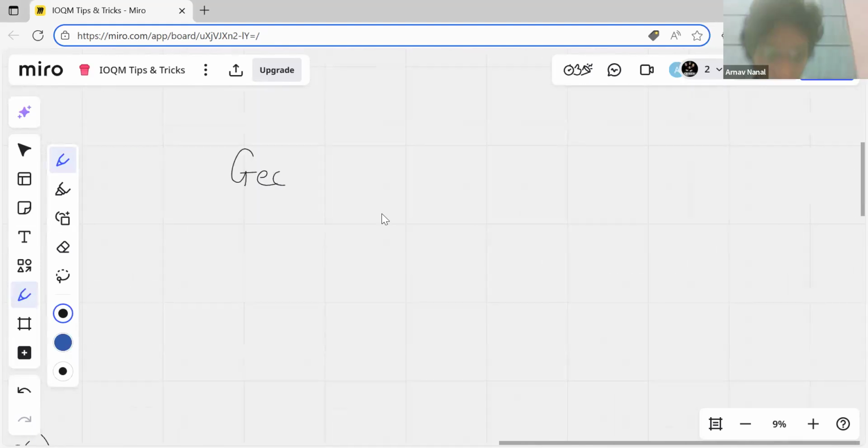So IOQM Geo is almost always computational. You don't need the elegance or things you do in normal Geo, like inversion, projective, and stuff. You don't really require that in IOQM. You just need to memorize all the computational theorems that you know, like Stewart's theorem, Pythagoras, Ptolemy's theorem, then the in-center, excenter configuration, lengths, and stuff.